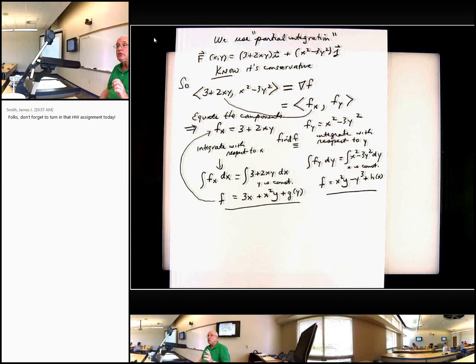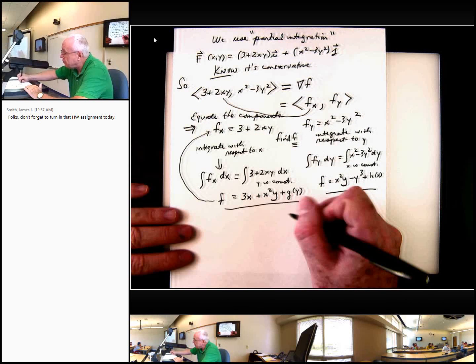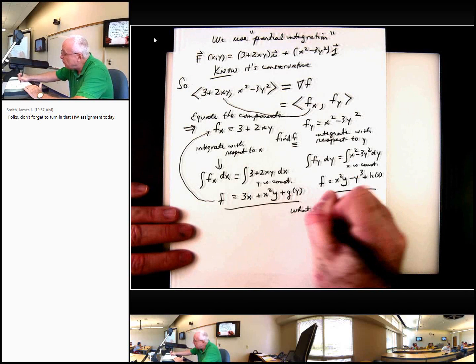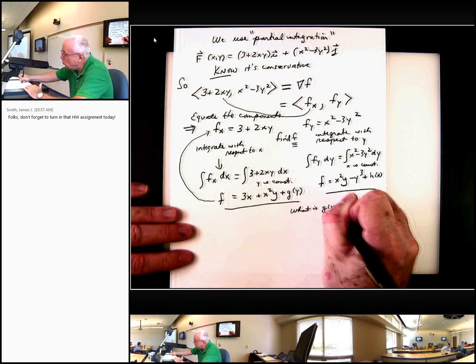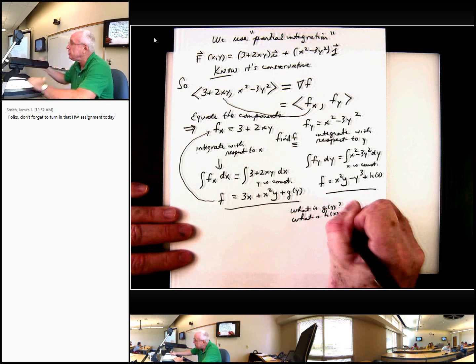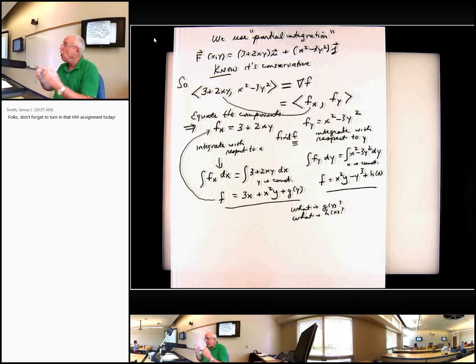So what I need to do here is kind of match up the components, because I need to figure out what is that g of y function and what is that h of x function. But we can figure that out by matching corresponding terms.